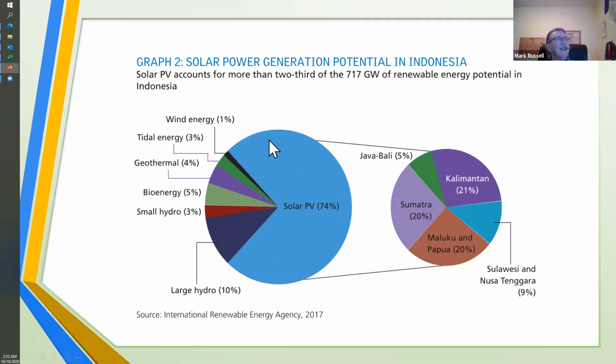I thought this is an interesting distribution of what type of renewable sources. The hydro must be big water dam systems, and so small hydro, bioenergy is nice. Geothermal, tidal energy. Where do you use tidal energy? Pardon? Where is tidal energy used?